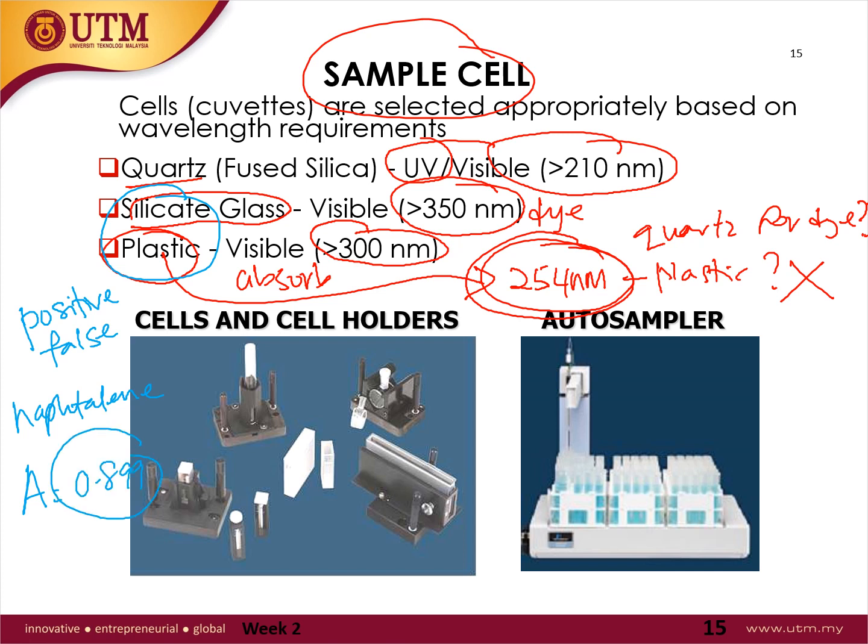Is this correct? No, this is not correct because it is a false positive. Your plastic cuvette is the one that is absorbing it, not your naphthalene. So when your plastic cuvette absorbs the wavelength, what's left for naphthalene is less, and it added up to the equation of the Beer's law.